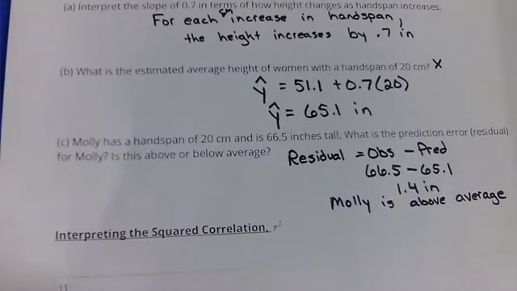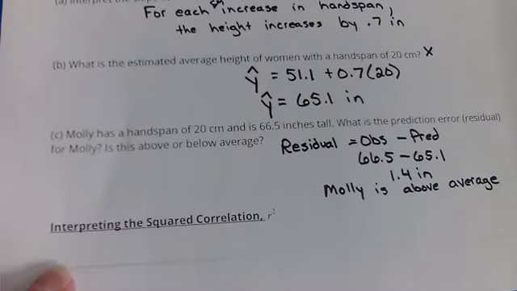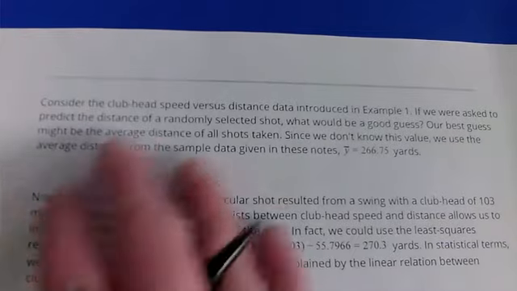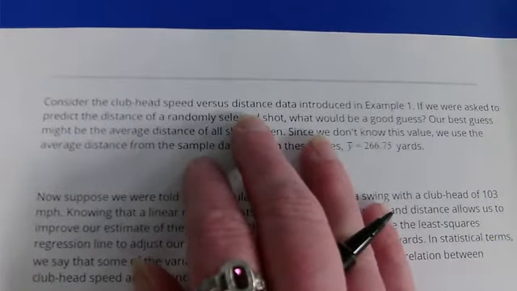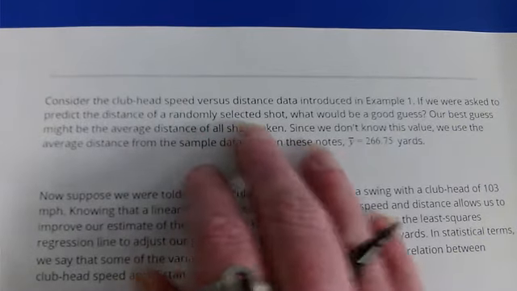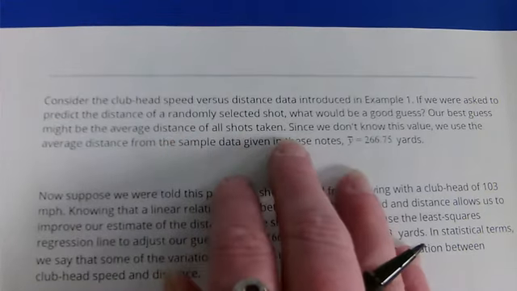Now, the next thing I want to talk about is R squared. That's the last thing we really need to talk about in this section. So consider that club speed versus distance example again. If we were asked to predict the distance of a randomly selected shot, what would be a good guess? Our best guess would be to take the average distance of all the shots taken.